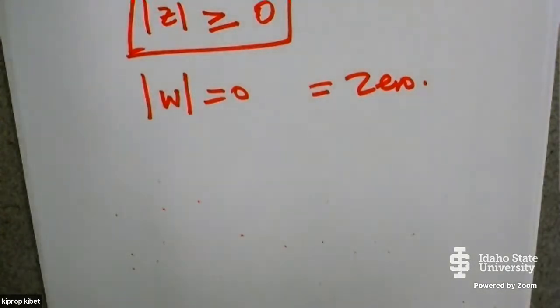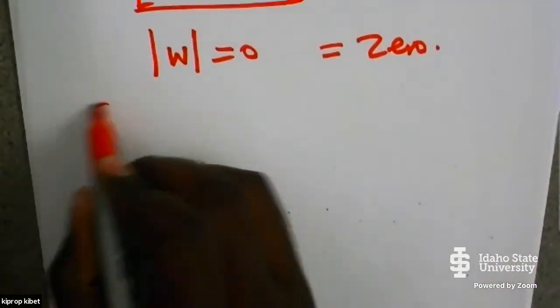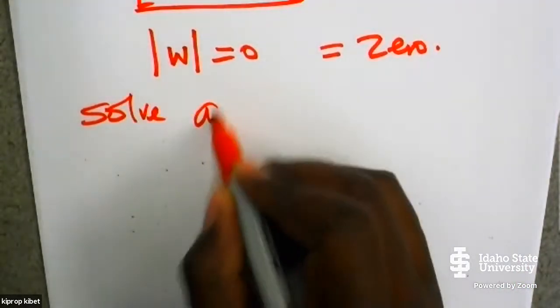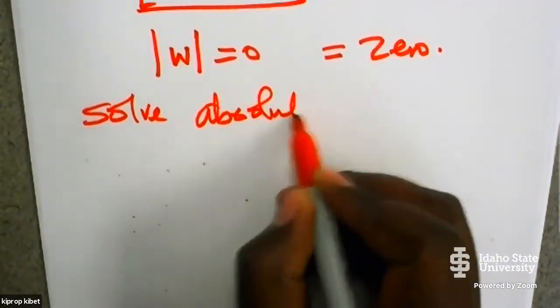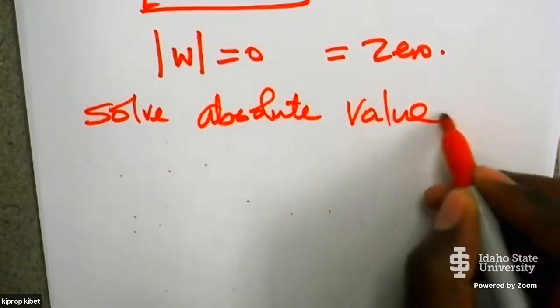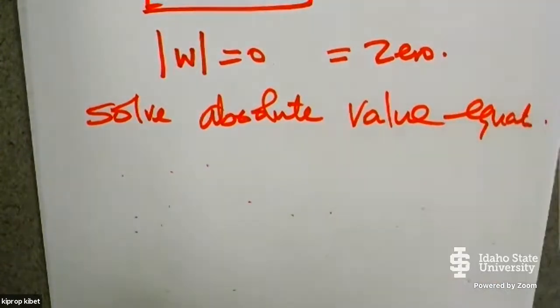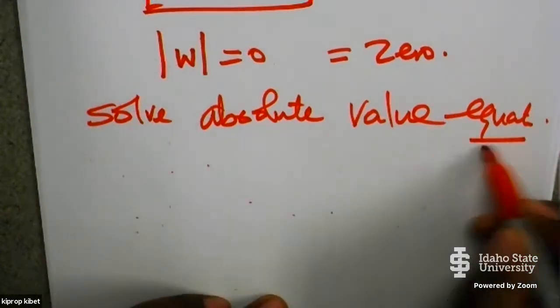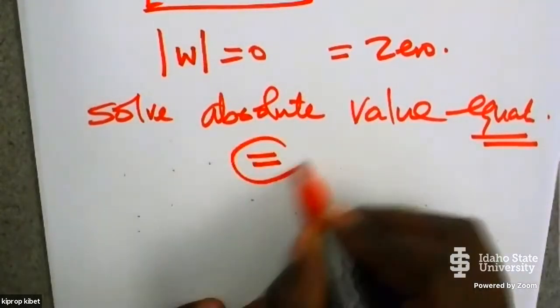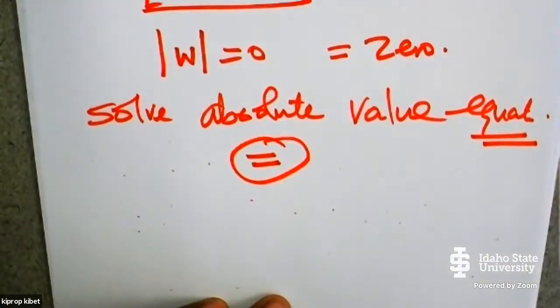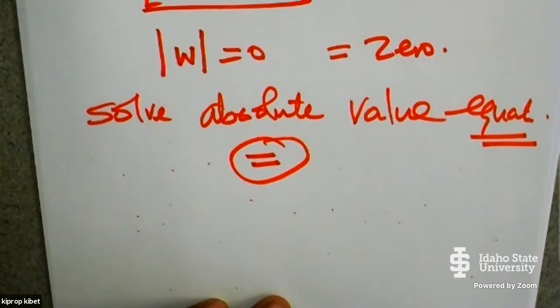So let's try to solve absolute value equations. An equation has an equal sign.